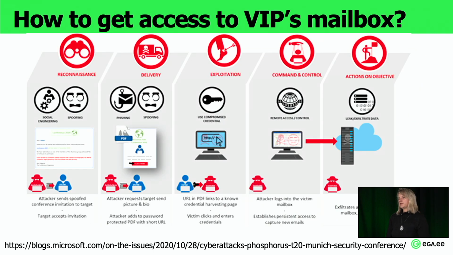And these social engineering attacks can be really complicated. Here is also a picture of how to get access to the VIP's mailbox. Let's go through it to understand how it might happen. The first stage is just a simple email or conversation, just to get to know the person, just to start this interaction.